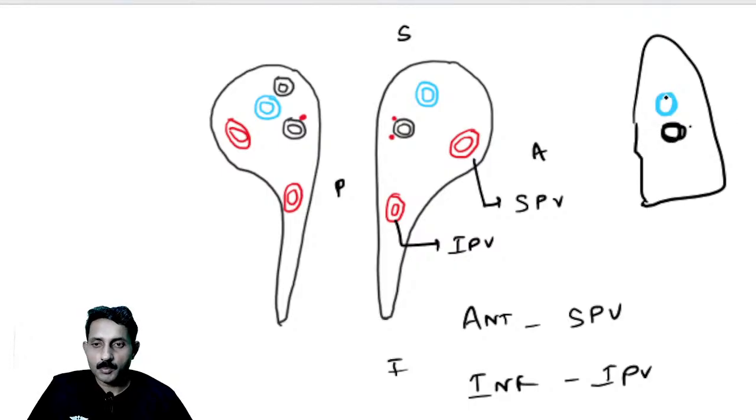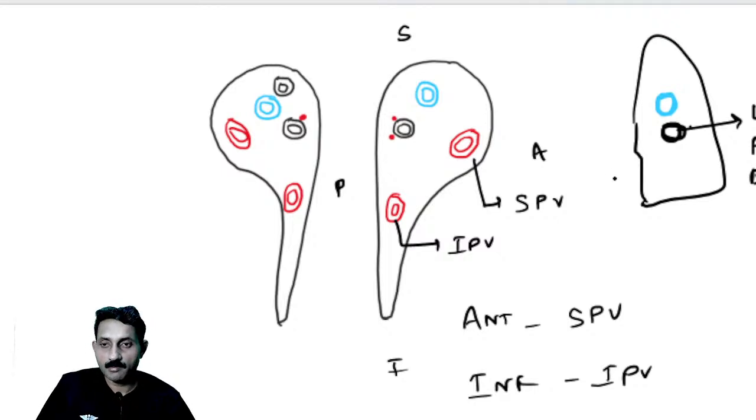So there is no eparterial and hypoarterial. Can we call it left principal bronchus? Because only one bronchus is going, then only it will divide. So this is called left principal bronchus. This is the left pulmonary artery. This is the bronchus, only one bronchus is there, that's called left principal bronchus. Superior pulmonary vein, inferior pulmonary vein.